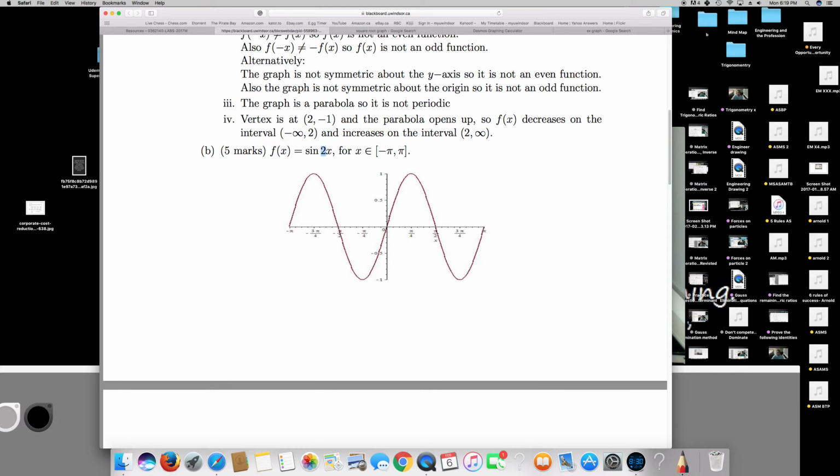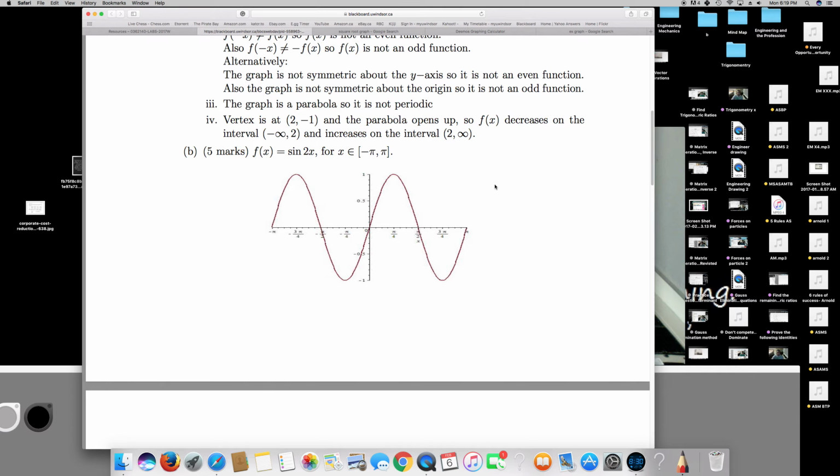Actually this is horizontally compressed.